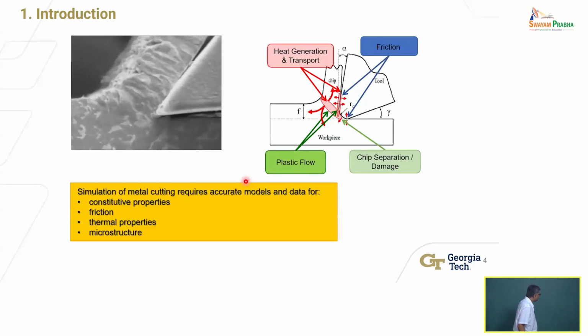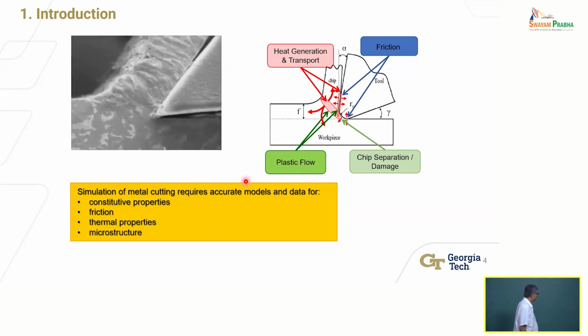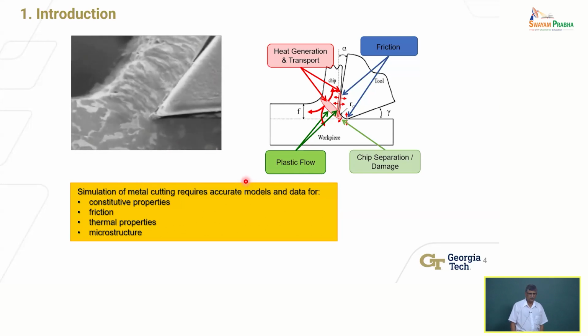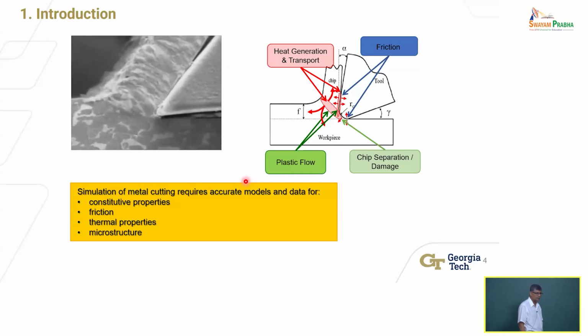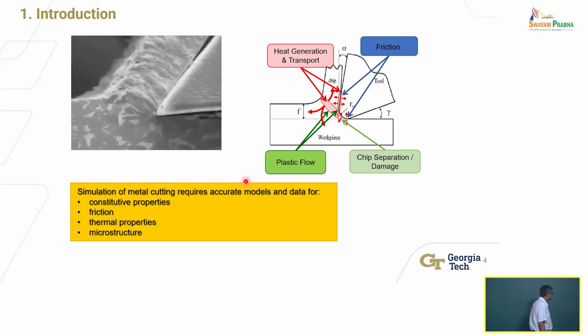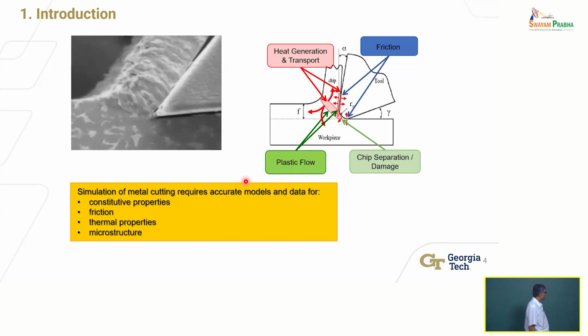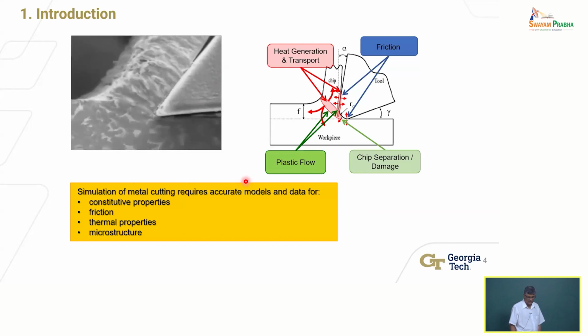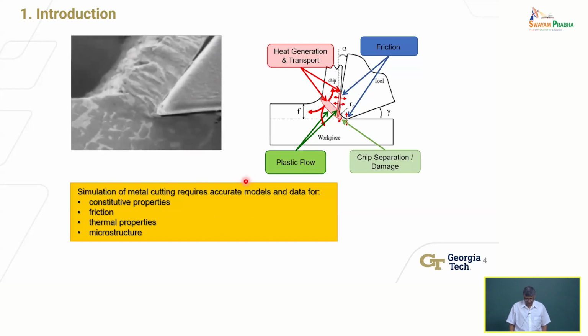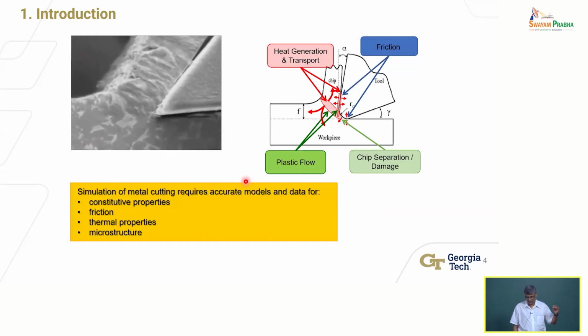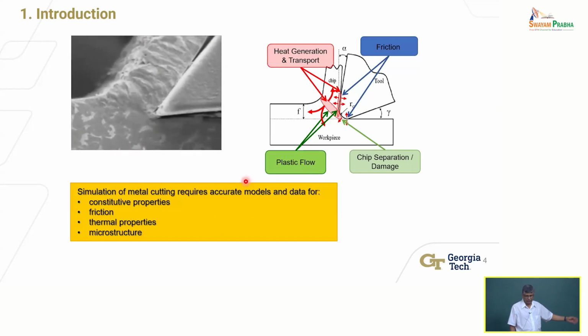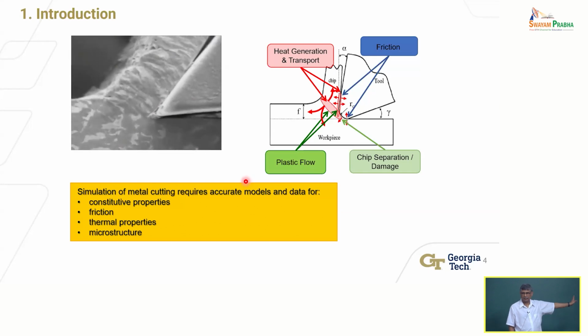Now, what makes this process complex, right? What makes it complex to model and analyze, right? And you can see here in this simple video, essentially a slow motion video of the cutting process of some polycrystalline metal. And this is the simplest type of cutting process.